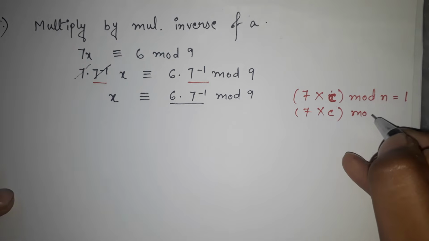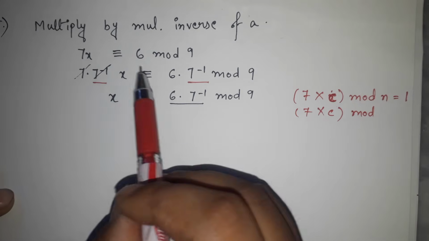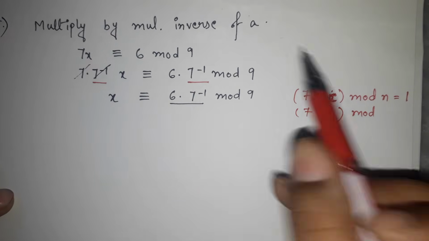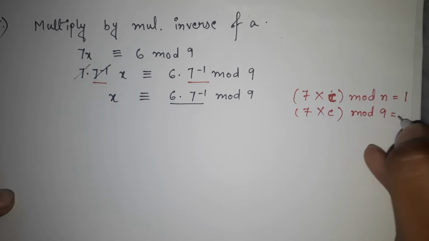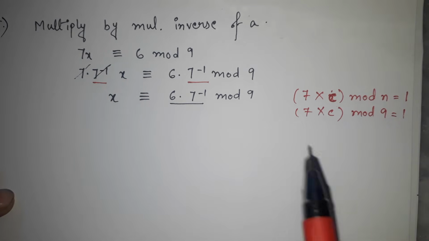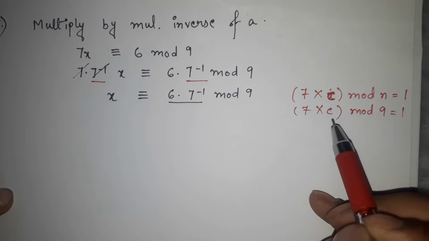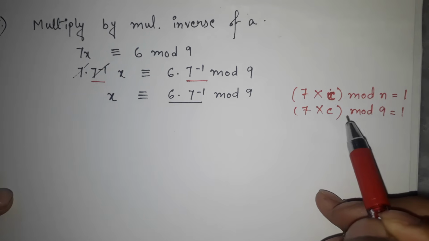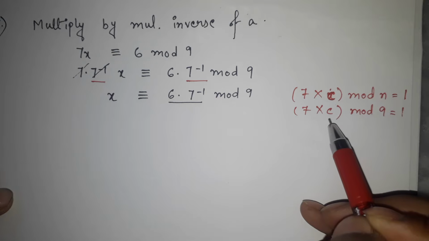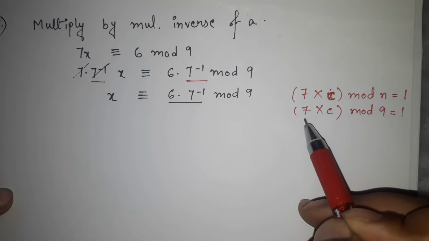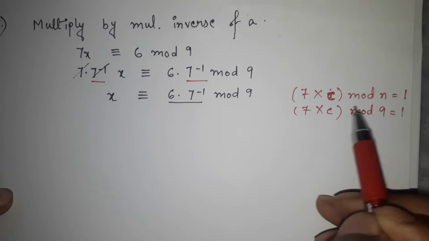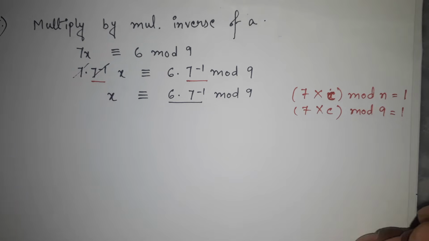As we know, this is ax congruent to b mod n. So in this case my n is 9, equal to 1. What I mean to say is, you have to find such a value of c that after multiplying this value with 7 and taking mod 9, you will get the value 1.